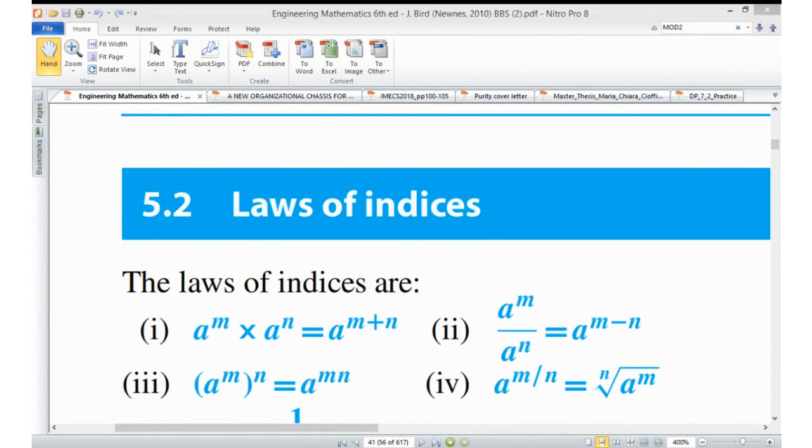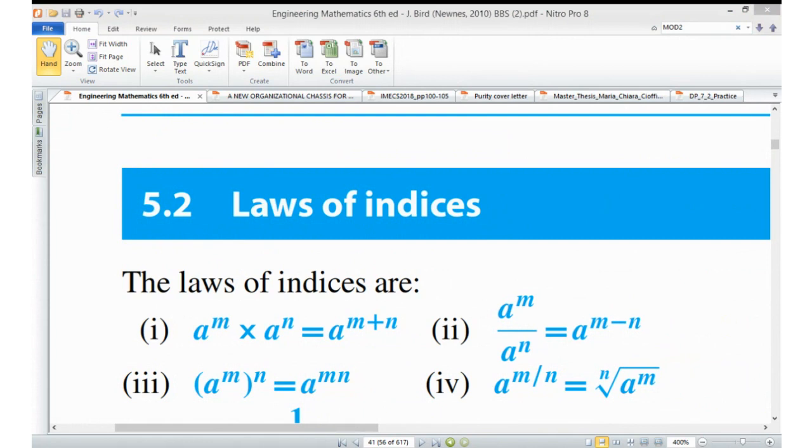Okay. Then what it means, we can re-express that by subtracting the powers. So we can say A raised to power M divided by A raised to power N can as well be expressed as A raised to power M minus N. So that is division changing to subtraction.